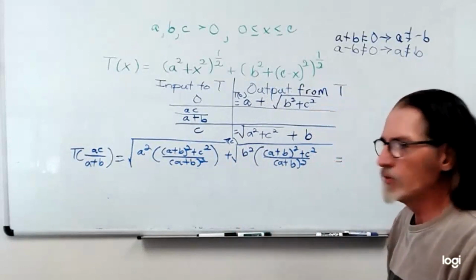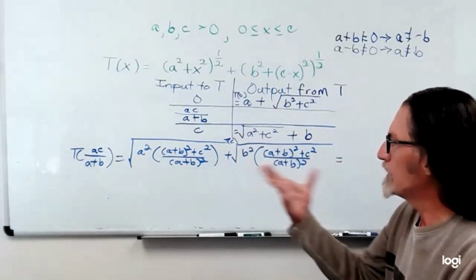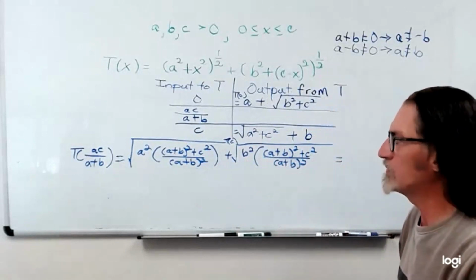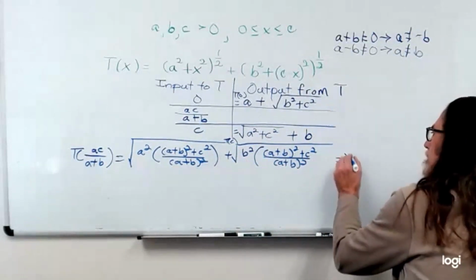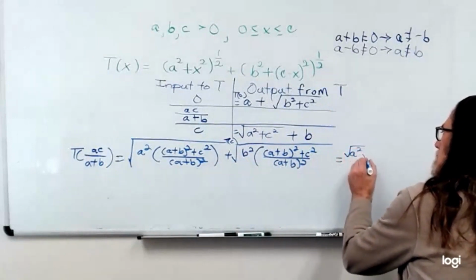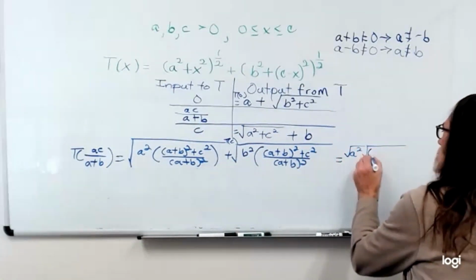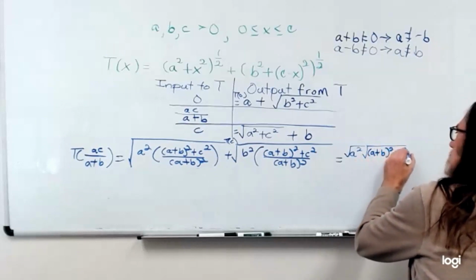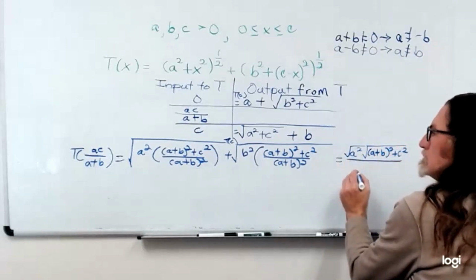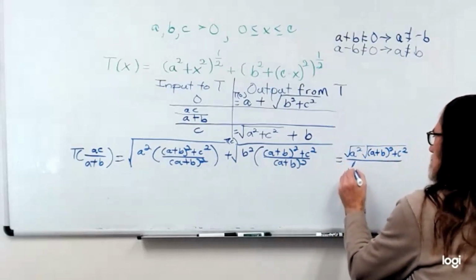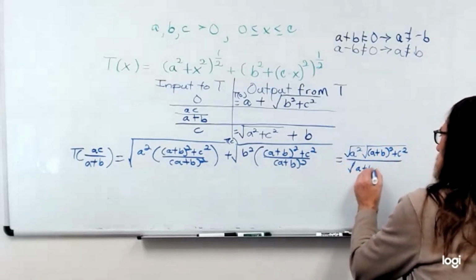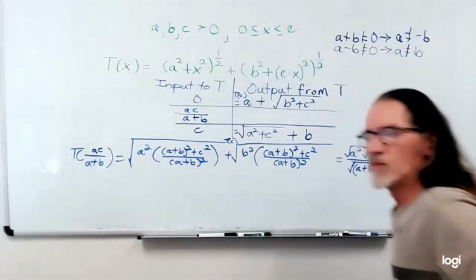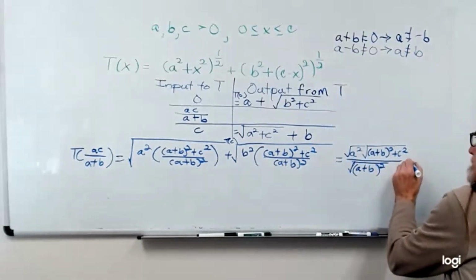Split up the square root across the quotient and then across the product that's in the numerator, taking those two steps at the same time. The same for the second square root.